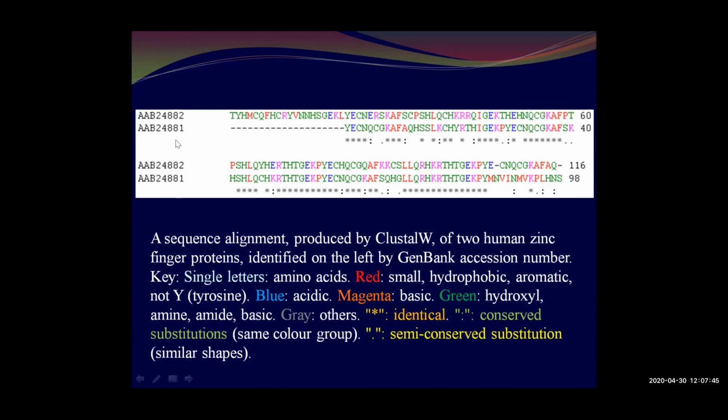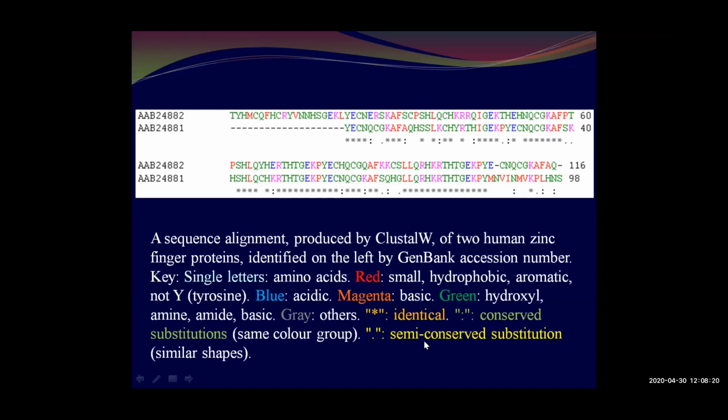Say for example, here two sequences are aligned and they are showing this kind of alignment in terms of single letter notation amino acid sequences. You see, this is the result. Stars indicate identity, completely the same. A gap indicates there is a dissimilarity or changes taking place due to mutation. Then if there is a dot, it indicates a semi-conservative substitution, that means they are similar in shape.